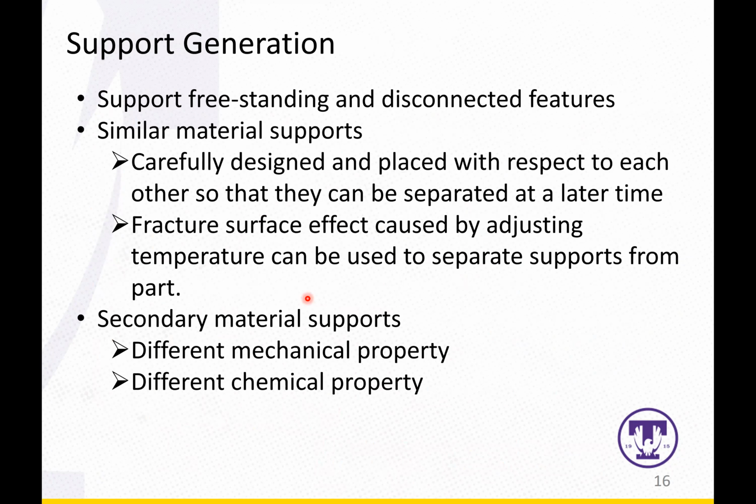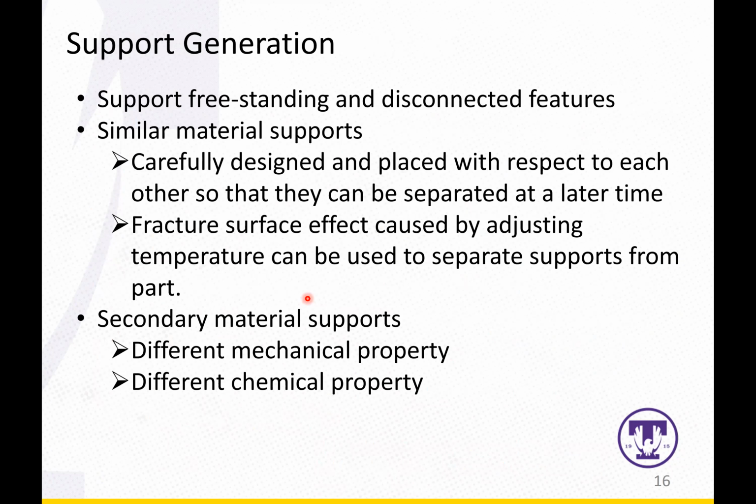If you use the same or similar material as the support, then the bonding between the support and the actual printed part will be quite good, because they have the same mechanical and chemical properties. So when you finish the printing and you want to remove all the support material, that could cause problems because it bonds too well.